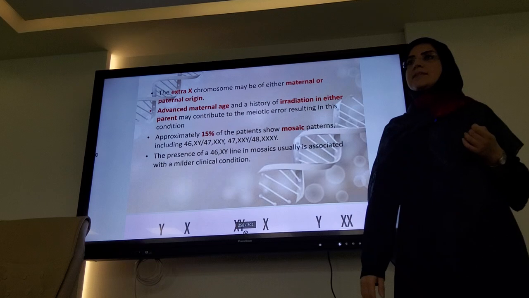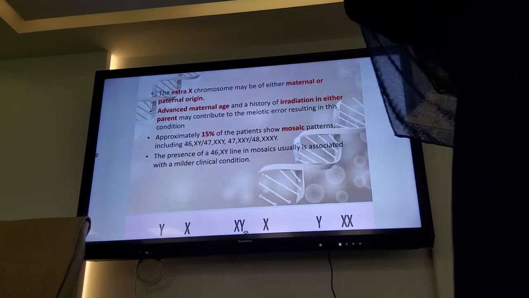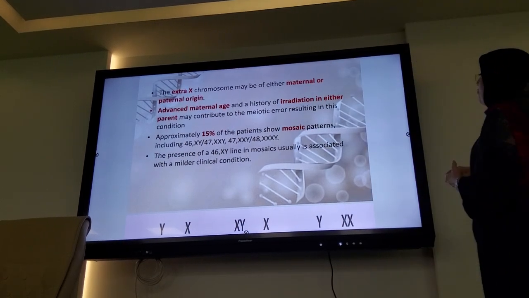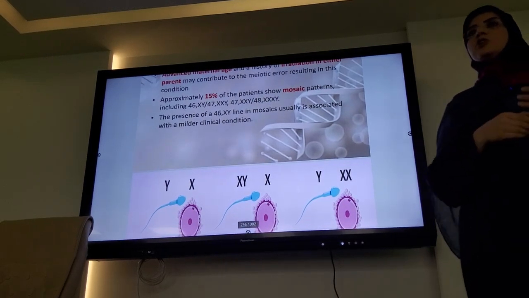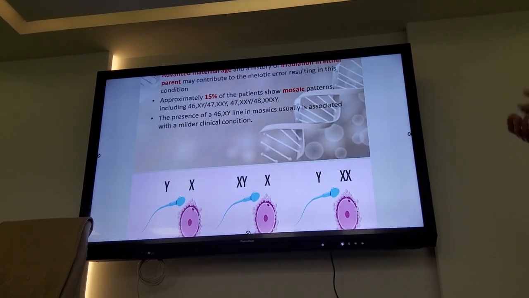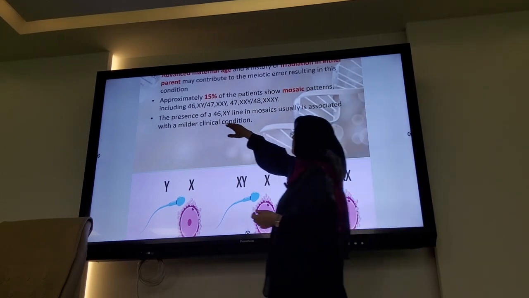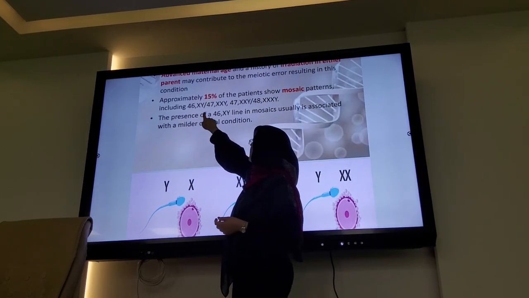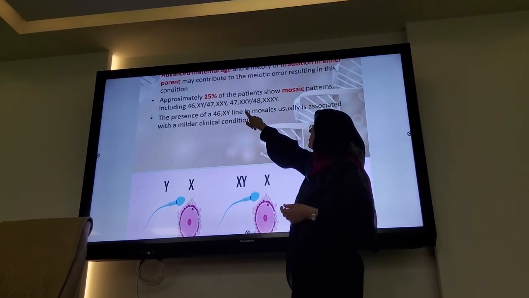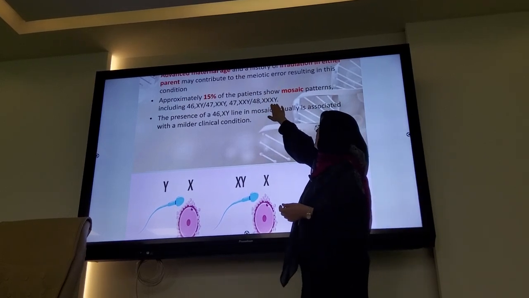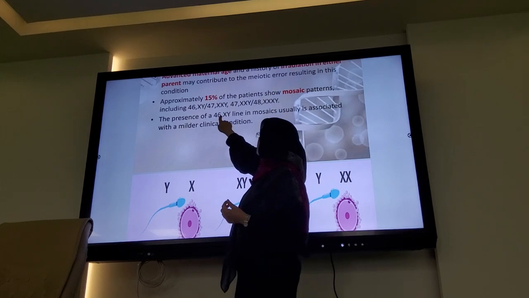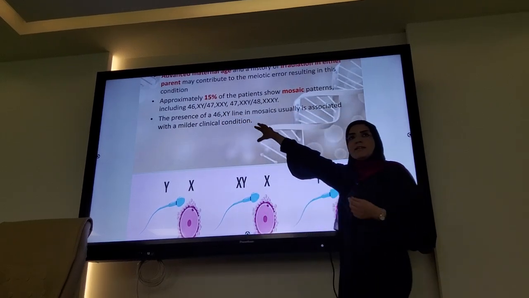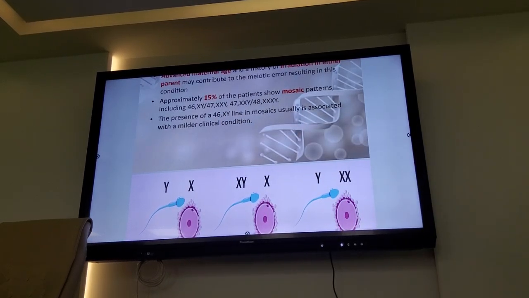An extra X can come from mother or father, no difference. Sometimes they have mosaic genotype, for example 46 XY, 47 XXY, or more X. When they have 46 normal XY, the symptoms become milder.